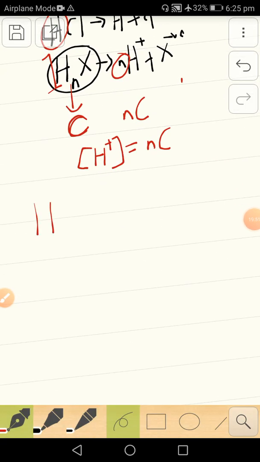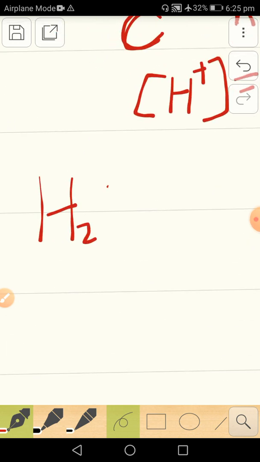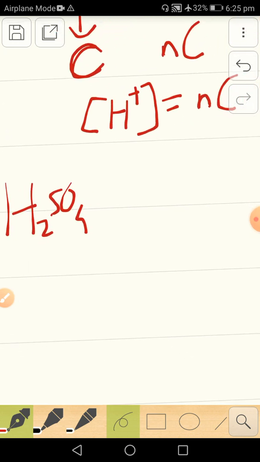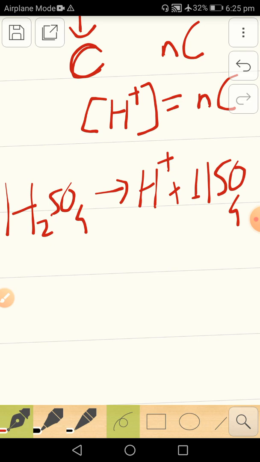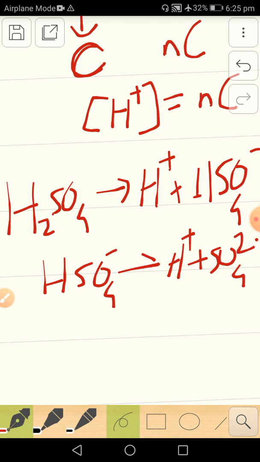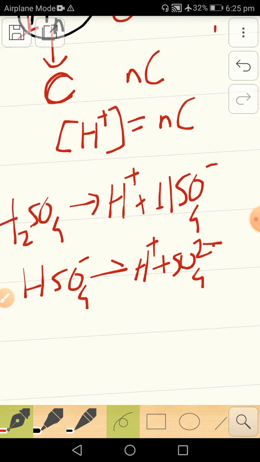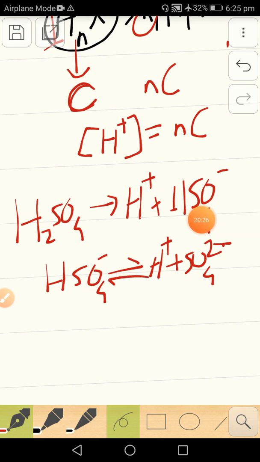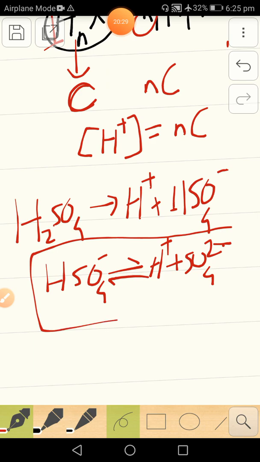Because consider sulfuric acid, which is H2SO4. Now H2SO4 first dissociates as H plus and HSO4 minus. Then HSO4 minus would tend to dissociate into H plus and SO4 2 minus, but this dissociation is a reversible dissociation.